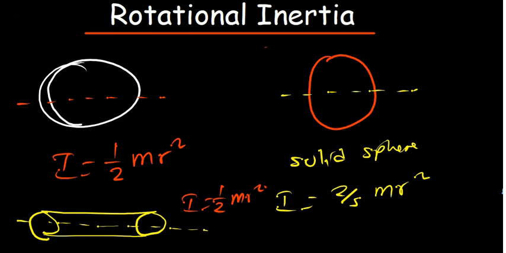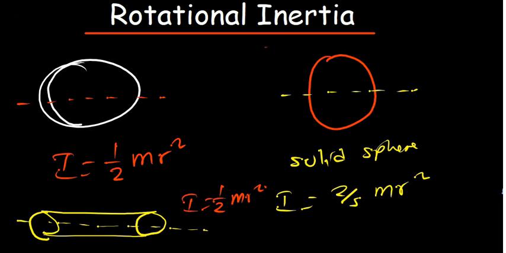Now you're going to be given the formulas always. But what we need to know is that the inertia of the disk is given by half mr squared. If they ask about the solid sphere, it is 2 over 5 mr squared. Then the cylinder and the disk are the same.